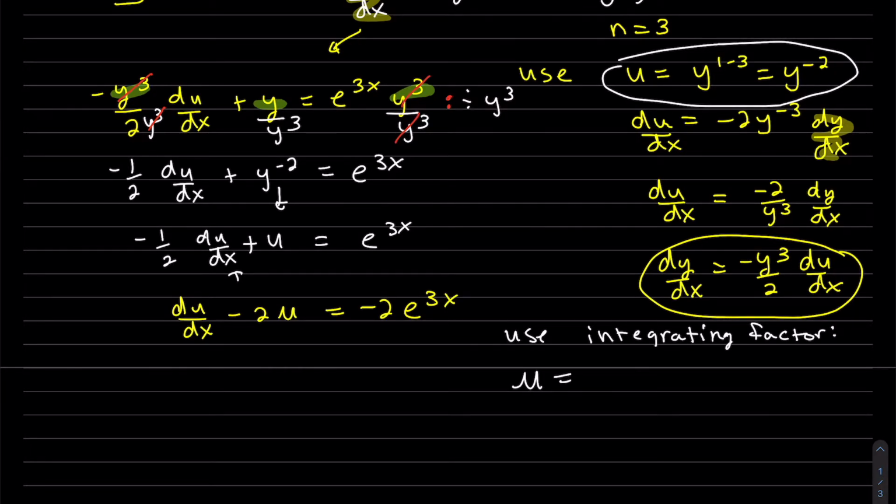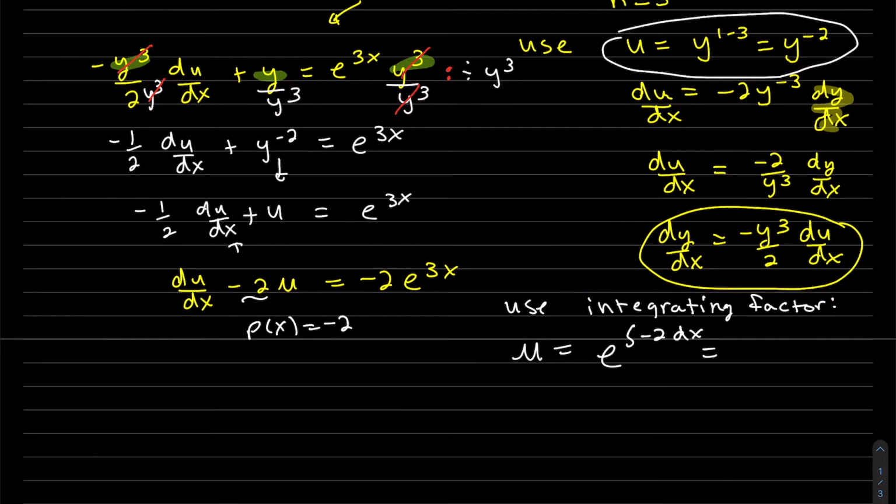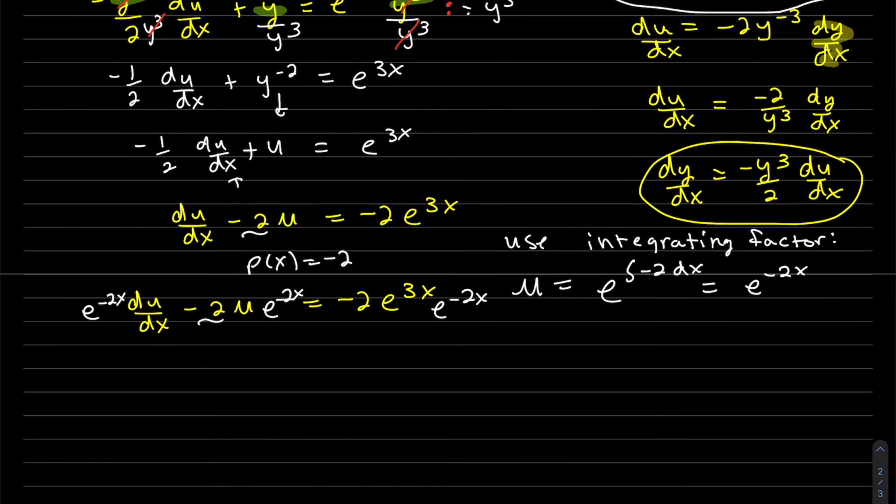And it looks like my p of x is equal to minus 2. So that's e to the minus 2x. So now I'm going to multiply through by my integrating factor. This can be written as a product.